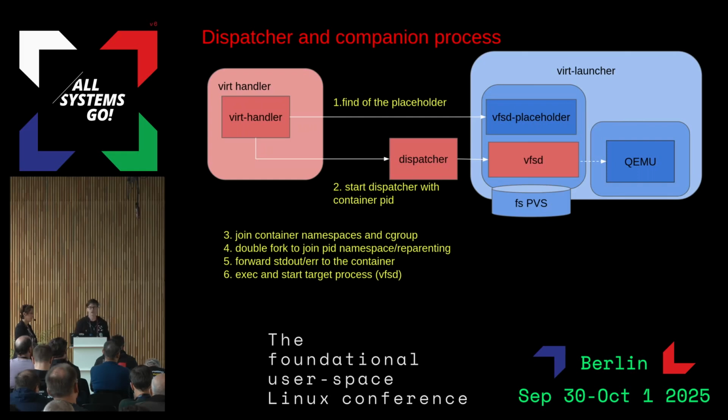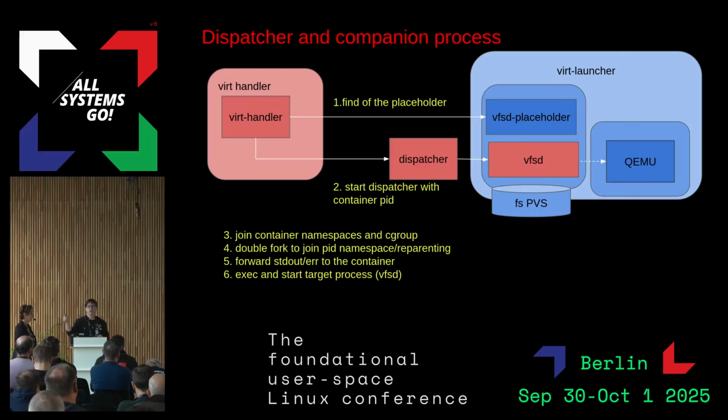So this is the general idea and schematic. The virt-handler will execute the dispatcher. Currently, the dispatcher is running inside of the virt-handler container. Then it will find the process ID of the virtiofs container, the process ID of the main process inside of the container, that is PID number 1.